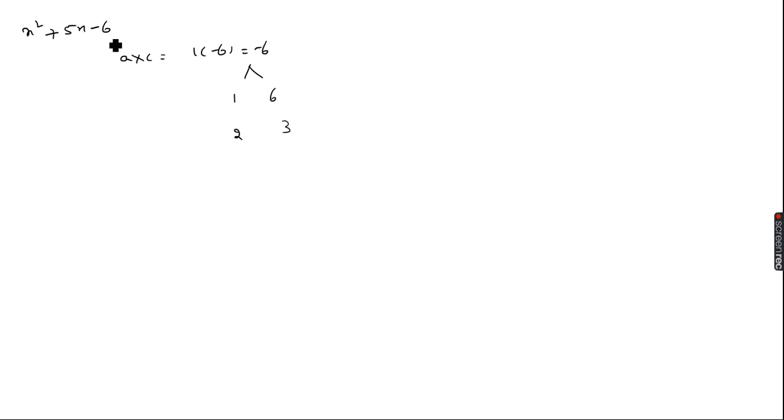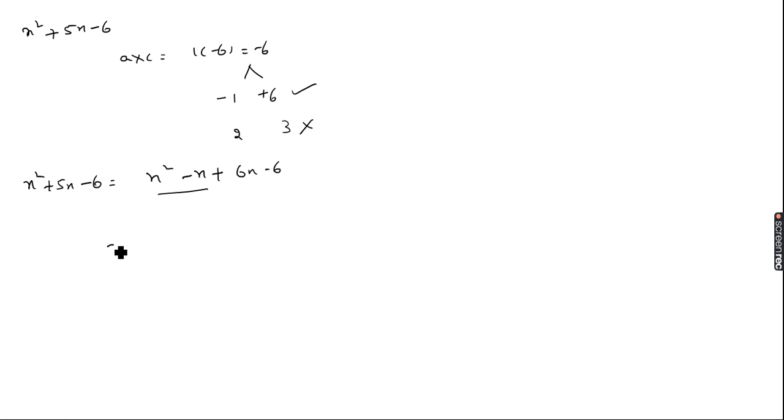But here we have one plus, another one is a minus. For which one is bigger, that is a plus, and the other is a minus. Minus 1 plus 6 is nothing but plus 5. Minus 1 into plus 6 is nothing but minus 6. So we have to select this one, and the other is not suited. So therefore x square plus 5x minus 6 can be written as x square minus x plus 6x minus 6.